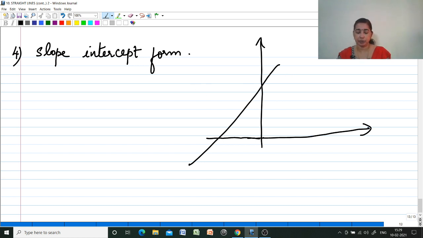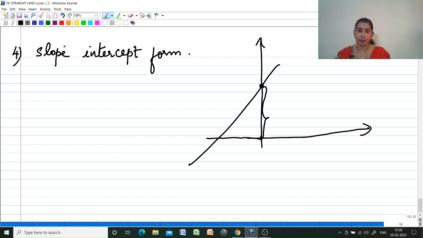Suppose here it is the y-intercept. Y-intercept means where the line touches the y-axis; that distance we call the intercept. So if it is the y-intercept, then the distance from the origin to the point where the line touches the y-axis, that distance we call the y-intercept.